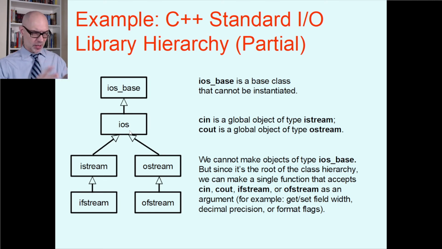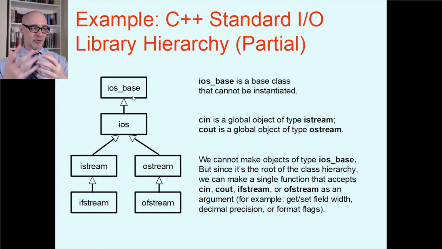It has some generalized rules for how input-output is going to work. There's bytes, for example, and they move around. That's what the ios class defines. And then there's actually a parent up above that called ios_base, the input-output system's base class.